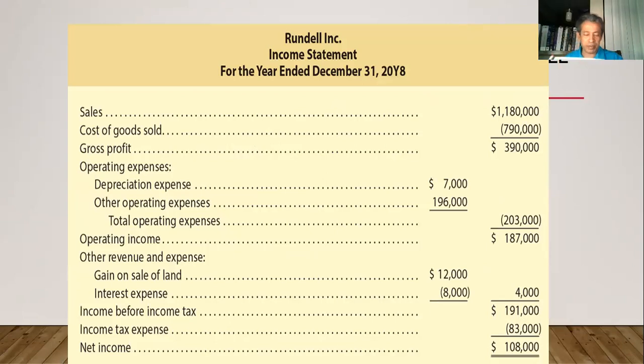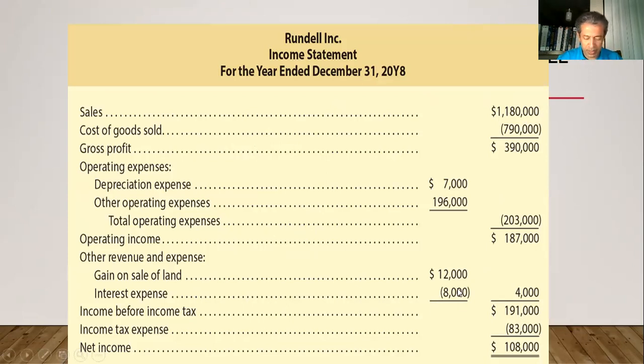Let's try to do it real time. Net income of $108,000. And then what's your depreciation? Depreciation is $7,000. So add depreciation, $7,000. And then gain on sale. So less gain on sale.